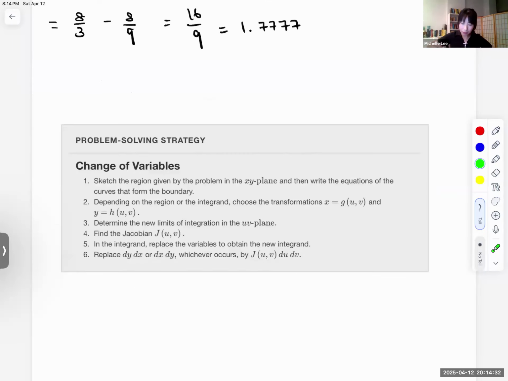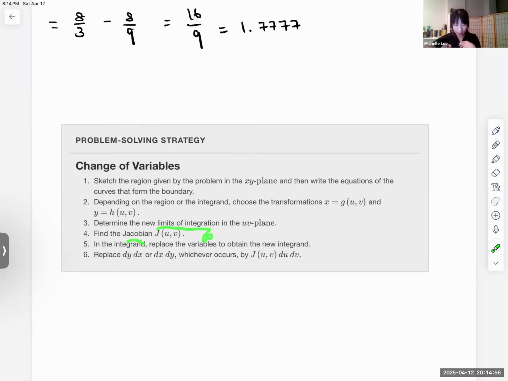Okay, so we have a strategy for problem solving, right? Changing of variables: sketch the region in the XY plane, then write the equations from the boundary, and then change them to the new variables, then determine the limits, which change, right?